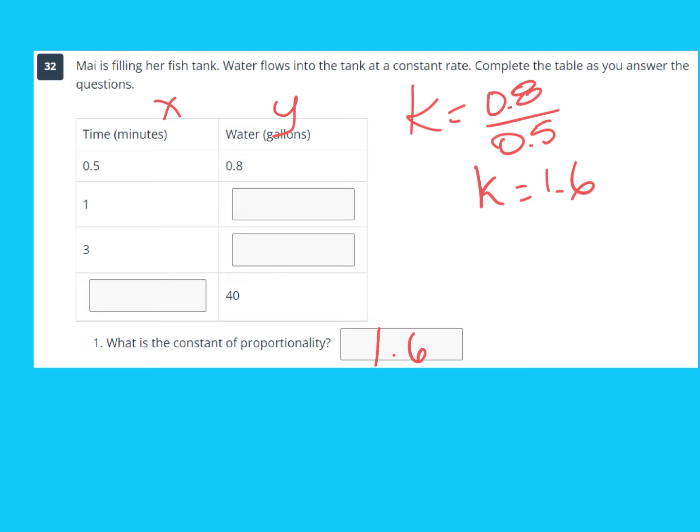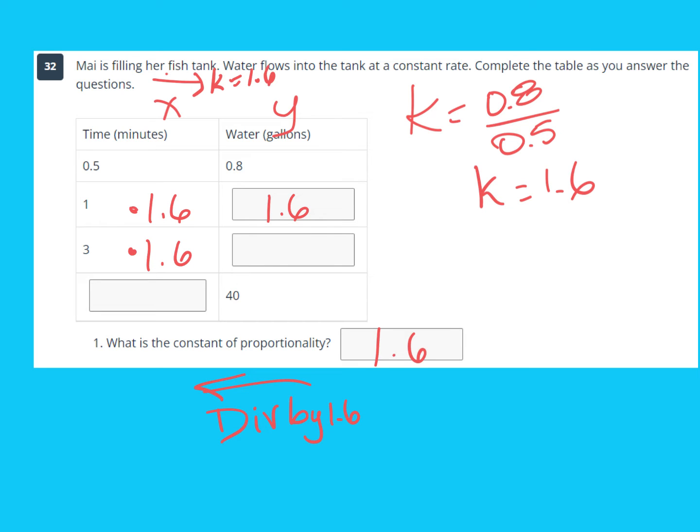So that means everything from left to right is going to get multiplied by 1.6. And then, of course, in the opposite direction, we're going to divide by 1.6. Right? So 1 times 1.6 is, of course, 1.6. 3 times 1.6.